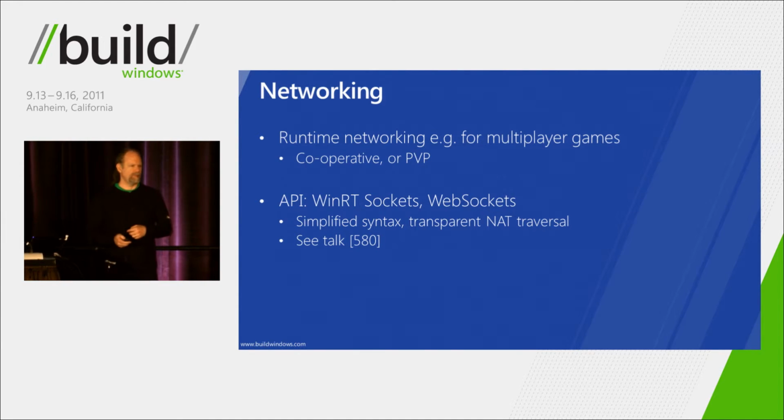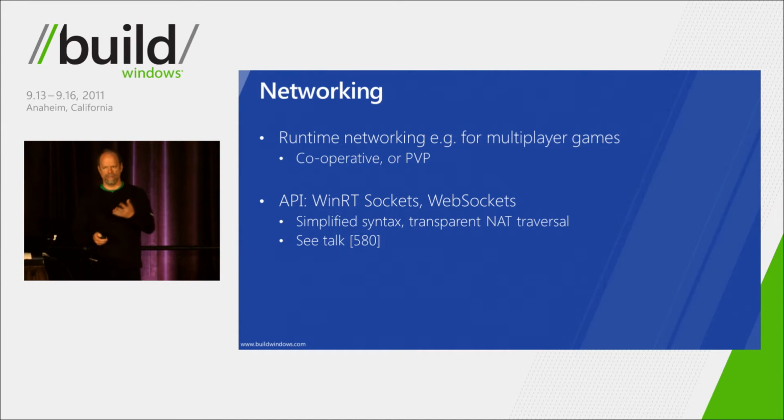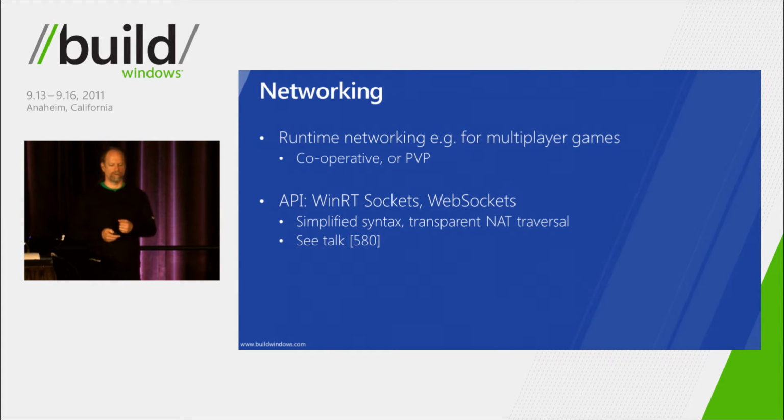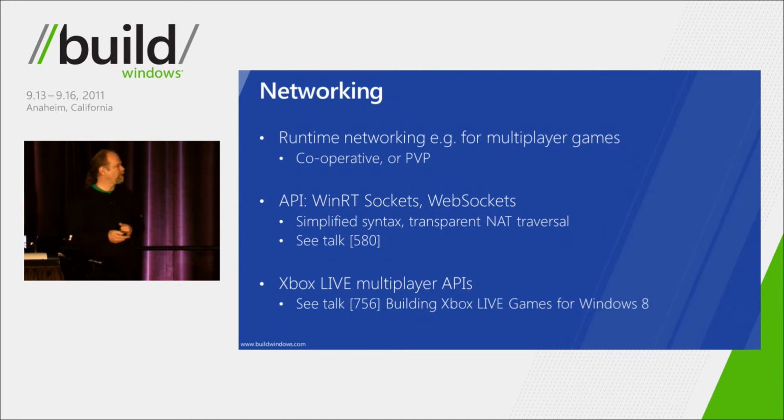So there are a variety of APIs that have been provided. The WinRT API layer has some updated socket capabilities, which include some automated or more automated NAT traversal. There's a separate talk on that. That's absolutely the correct approach to doing low latency communication between multiple games, say for collaborative play.